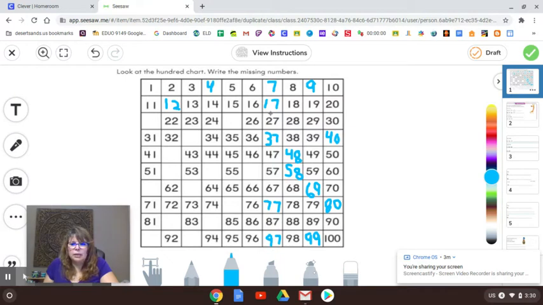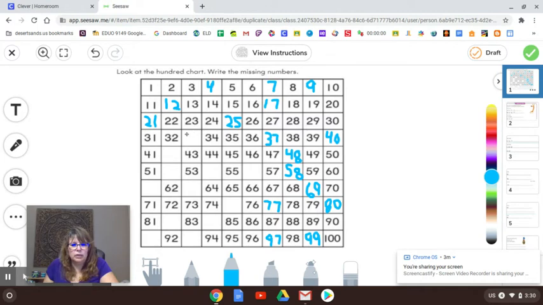Now I can do it by counting by ones as well, but it's just a different way. 20, 21, 22, 23, 24, and then we will have 25, 26, 27, 28.